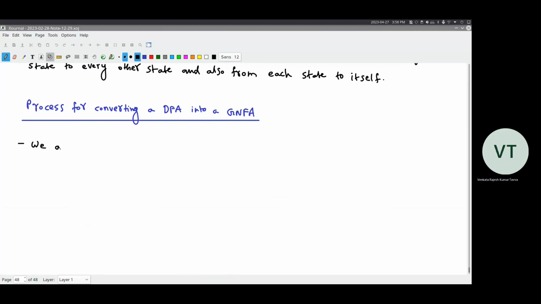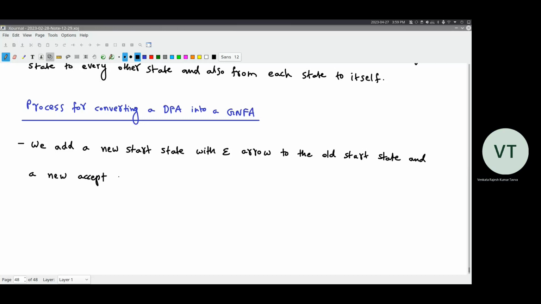First, we add a new start state with an epsilon arrow to the old start state, and a new accept state with epsilon arrows from the old accept states.